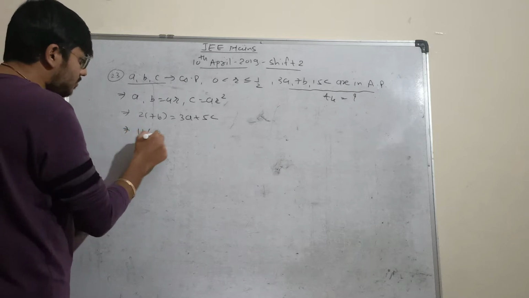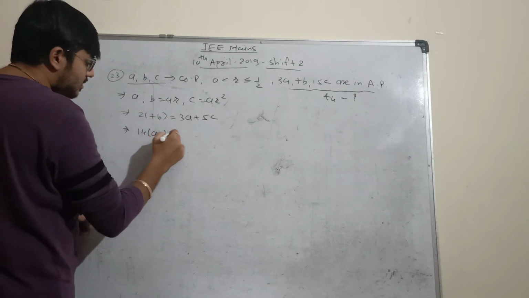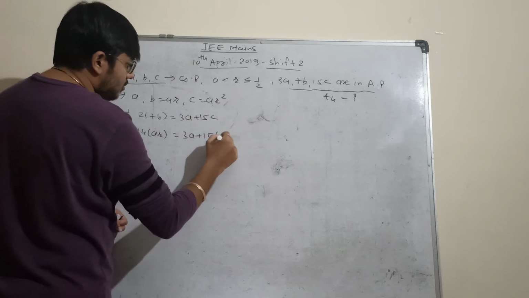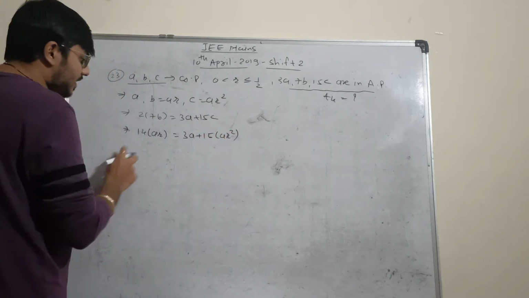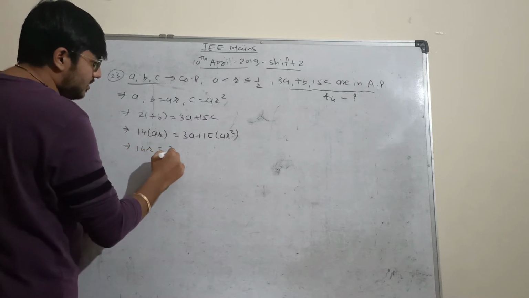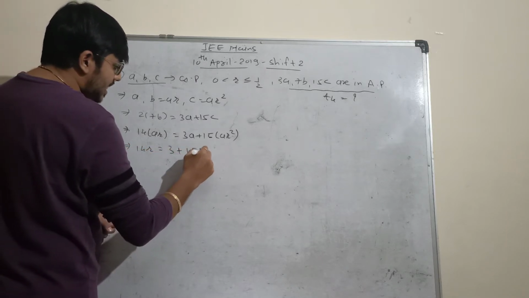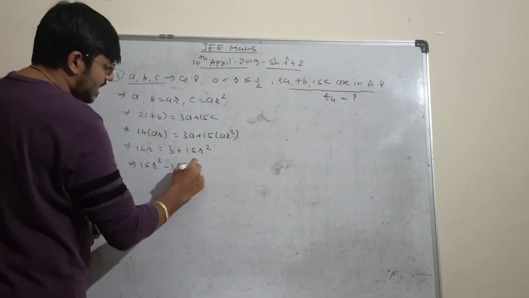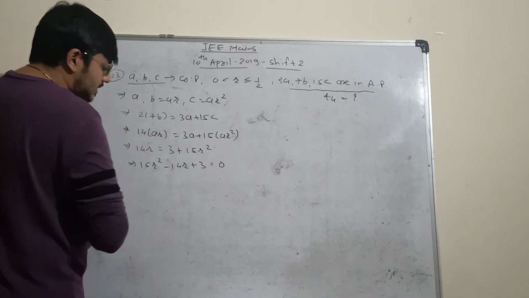So 14 into b, and b is ar, equals 3a plus 15 into ar squared. We can cancel a from both sides. So 14r equals 3 plus 15r squared. So 15r squared minus 14r plus 3 equals 0.